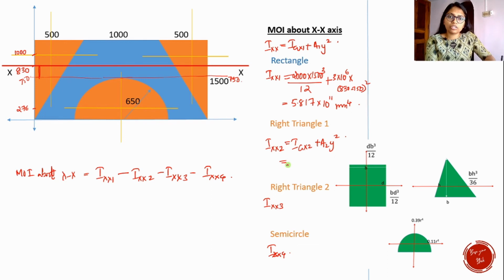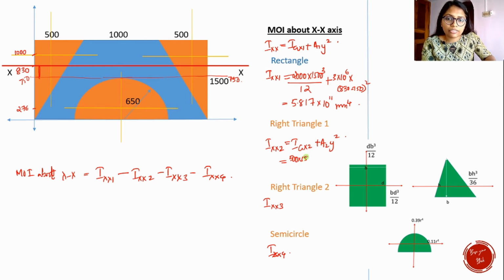Igx2 means the moment of inertia of the shape about centroidal x-axis, which means bh cube by 36. That is the original moment of inertia about its centroidal axis. Okay, bh cube divided by 36, and b value is the dimension parallel to the taken axis. So here it is 500. So bh cube, 500 into h is the height, isn't it?